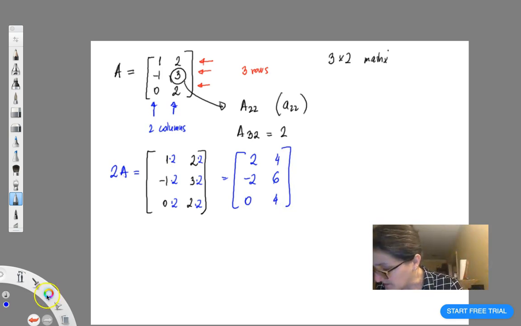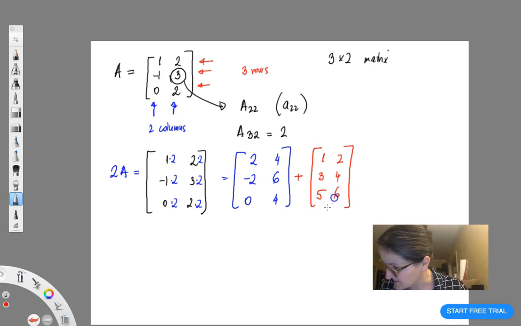Now, if I wanted to keep going, I could, for instance, add another matrix. It has to have the same number of elements. So I'm going to be very lazy and just do 1, 2, 3, 4, 5, 6. Okay. Because the most common matrix out there is just getting the numbers in order, so I call that a lazy matrix. So when I do this operation, I'm going to add corresponding elements.